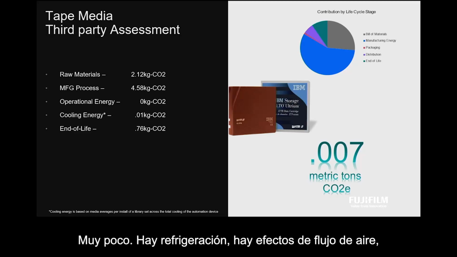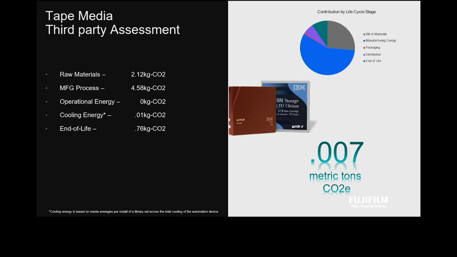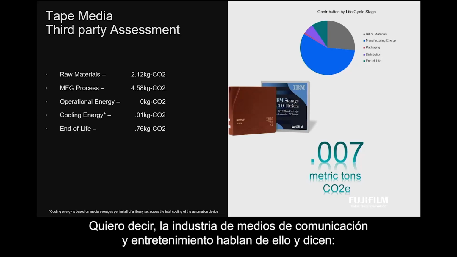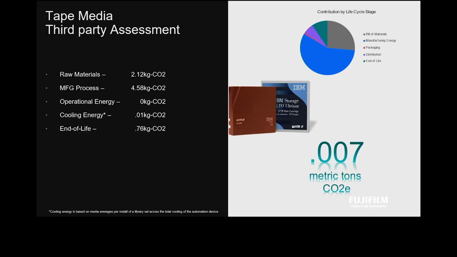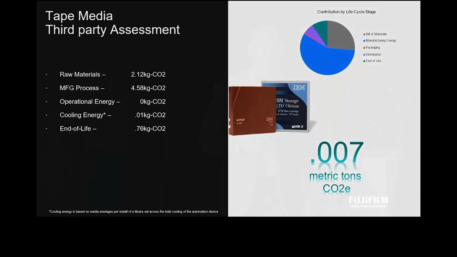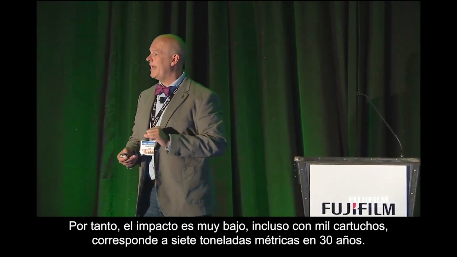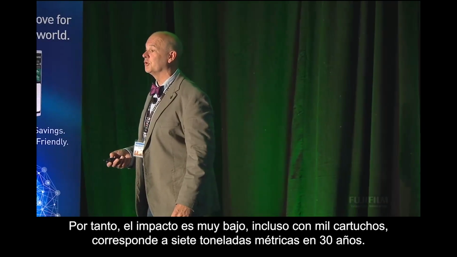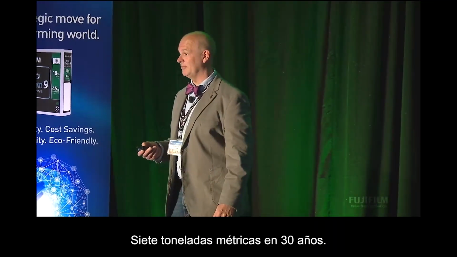We've got cooling, we've got airflow effects, but when the data's sitting there, it's just sitting there. The media and entertainment industry will say, look, when we put it on the shelf, it stays there as long as we can possibly keep it, and then we may have to migrate it. So very low impact, even 1,000 cartridges, you're at 7 metric tons for 30 years.